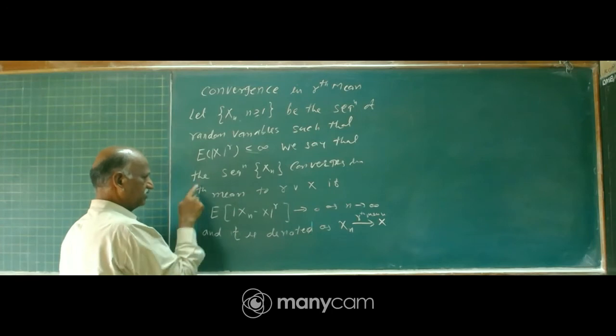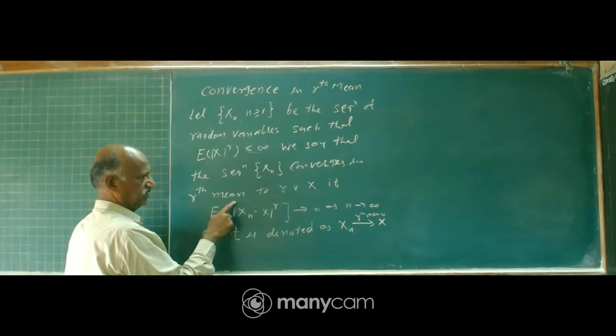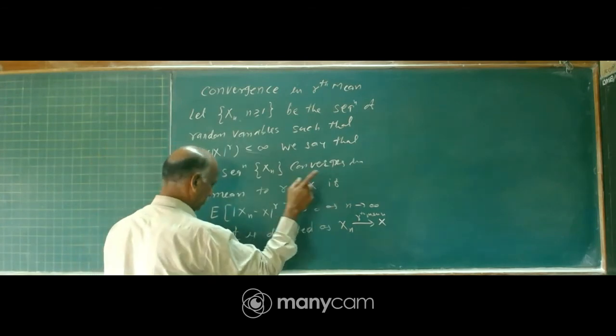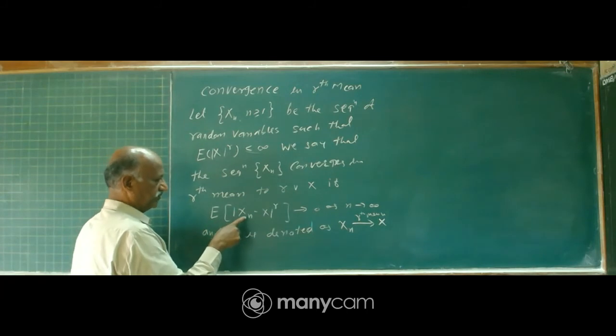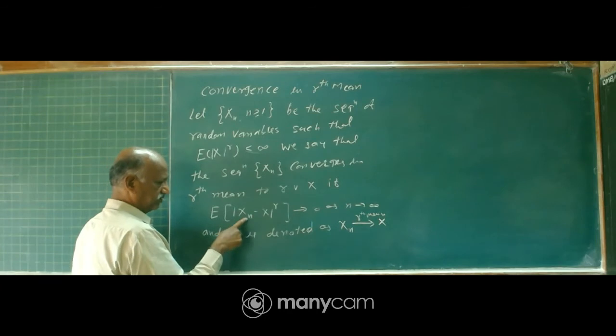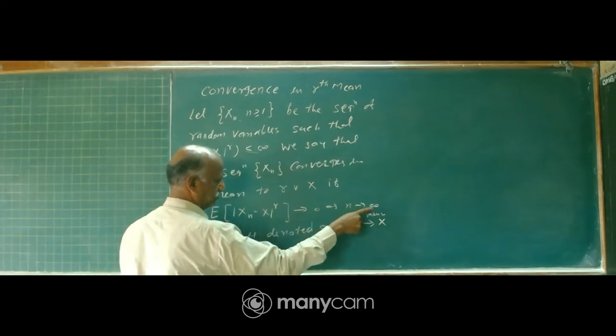We say that the sequence Xn converges in rth mean to a random variable X if the expected value of modulus of Xn minus X raised to r tends to 0 as n tends to infinity.